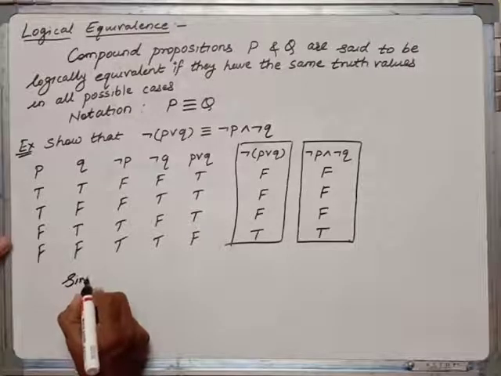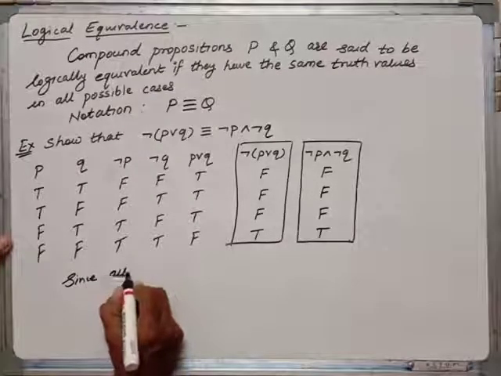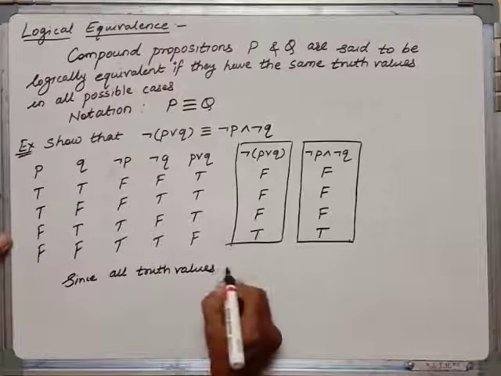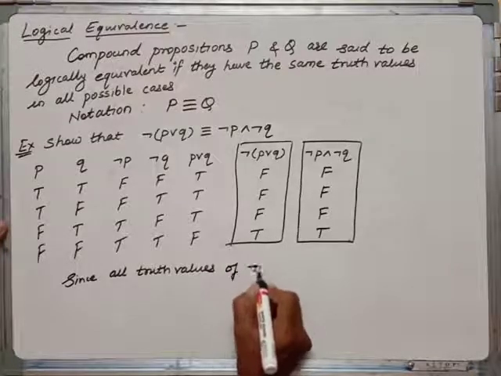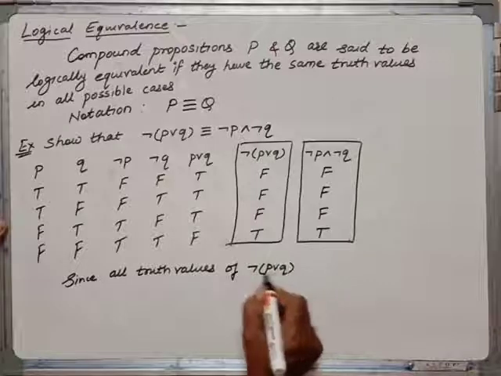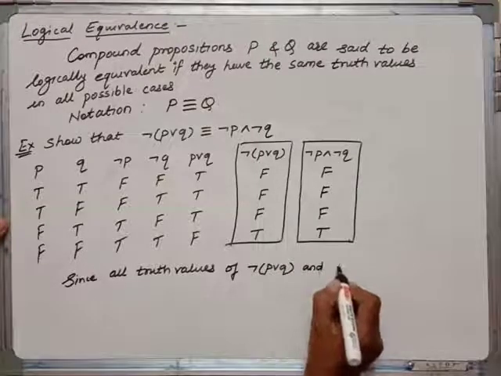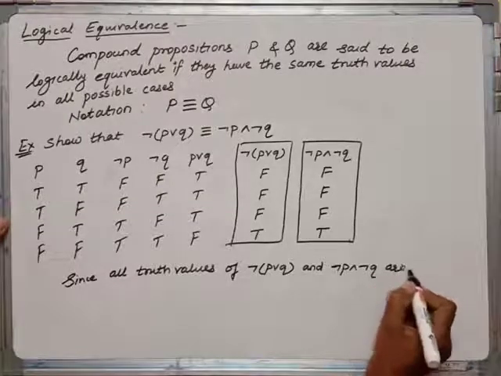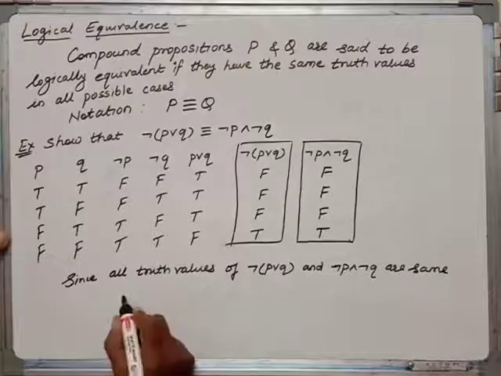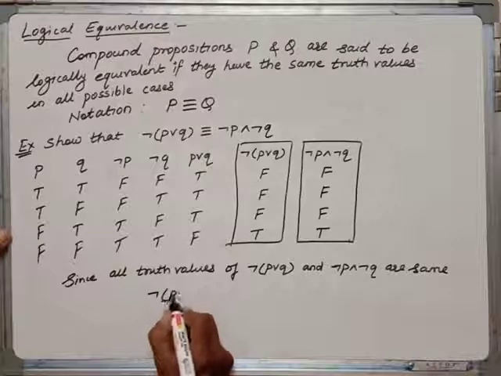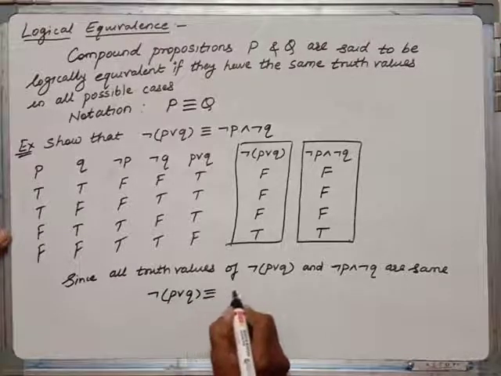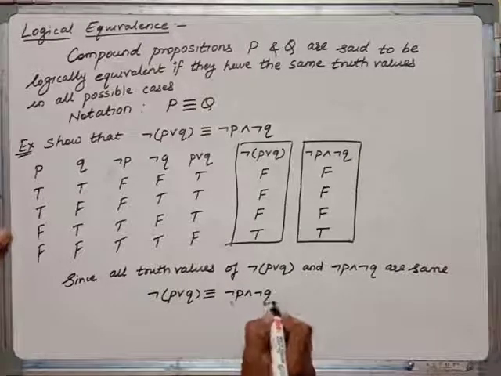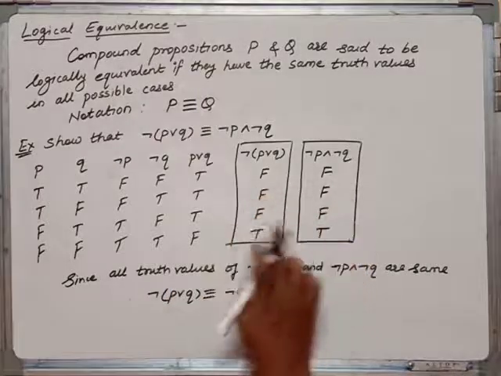Since all truth values of negation of (P or Q) and negation P and negation Q are the same, therefore negation of (P or Q) is equivalent to negation P and negation Q. As such, all the truth values are exactly the same.